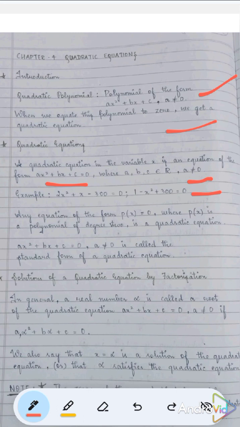Hence, any equation of the form p of x, where p of x is a polynomial of degree 2, is a quadratic equation. So ax square plus bx plus c equal to 0, where a is not equal to 0, is called the standard form of the quadratic equation.